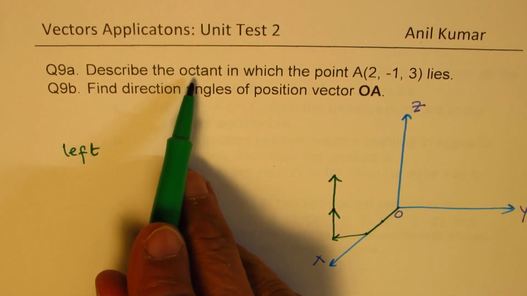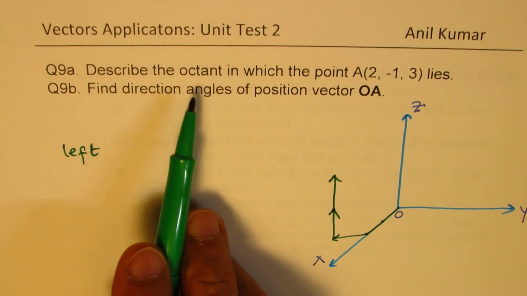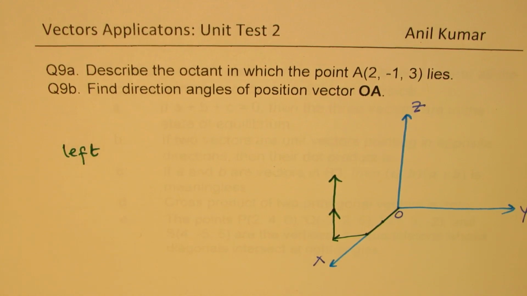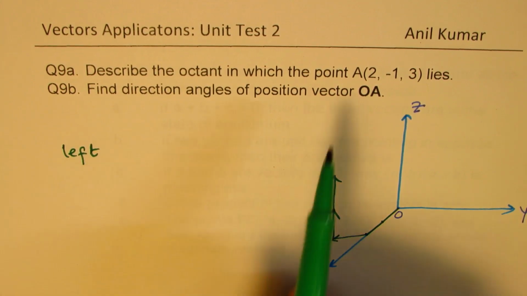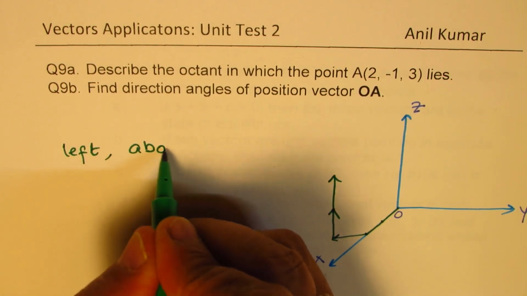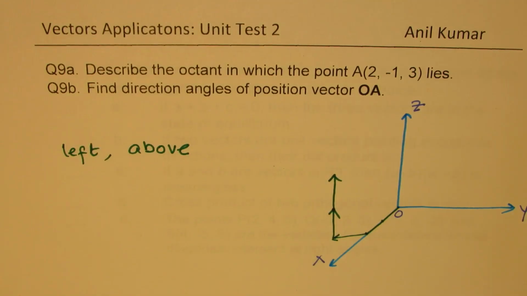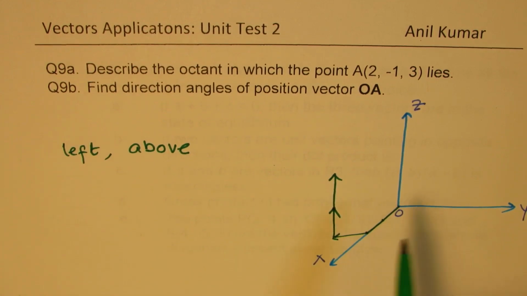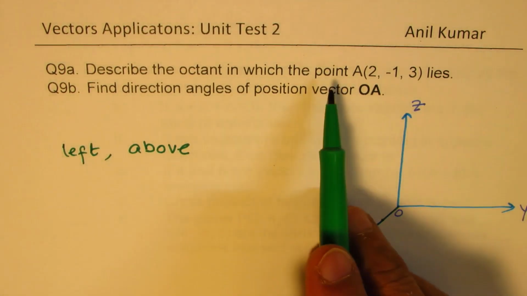So how do we describe the octant? The octant is basically on the left side, and is above. There are 8 octants to describe any point.